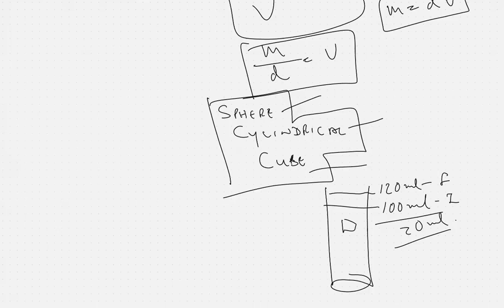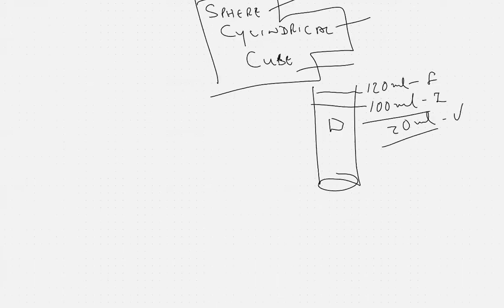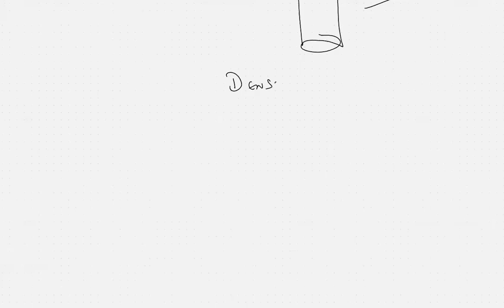But let me go a bit more and explain about the density of water. And I will also tell you what happens when you submerge something, but it is the fluid mechanics section, so I will just touch upon that. So the density of water is given by 1 gram per cubic centimeter. 1 cubic centimeter means 1 milliliter.